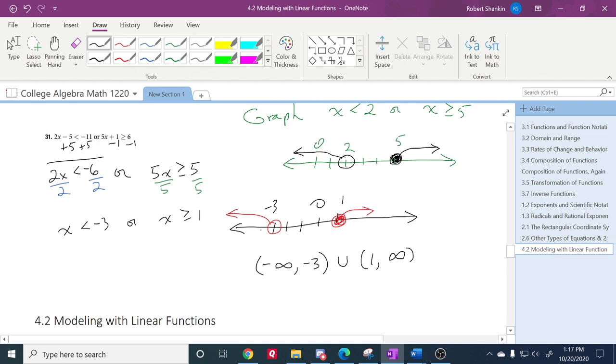It means the same thing as or. But when we use interval notation, we use this U for union instead of the or. Does that answer your question? Yes. Okay. Anything else?